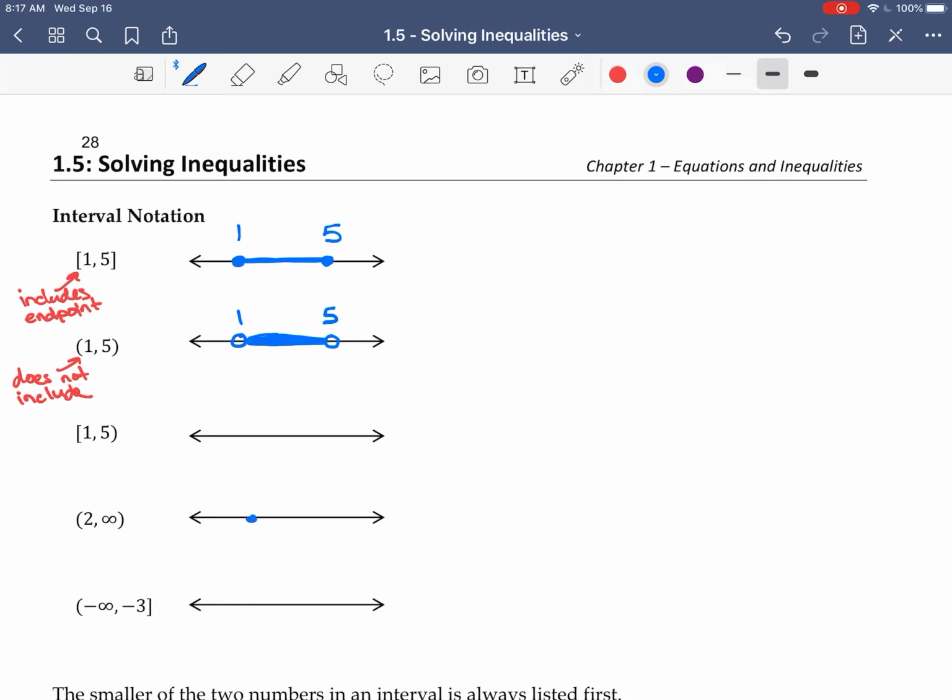So you would put an open circle for the 2, but then it goes all the way until infinity, so you would color in the rest of the line here. So that's what that one would look like. And I'm going to leave the one below for you to try, to make sure that we understand what's going on there.